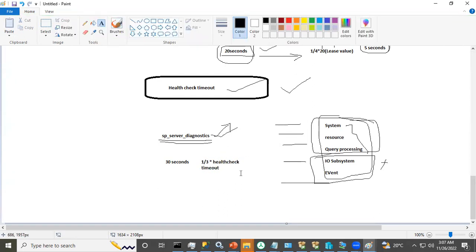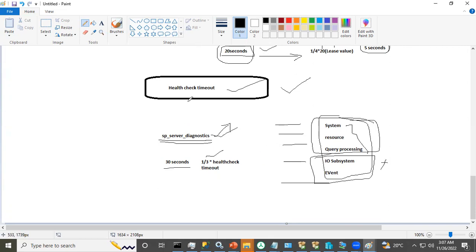So every 10 seconds, based on the value that we have, it connects to the SQL Server and executes sp_server_diagnostics to validate whether these resources are healthy or not. That is called the health check timeout. If any of these resources are marked as not healthy, then failover triggers.